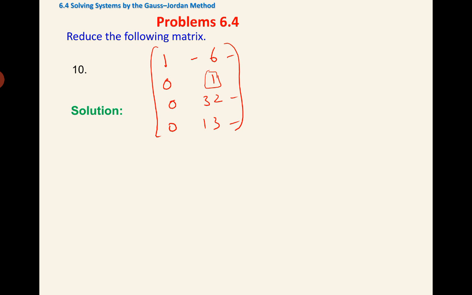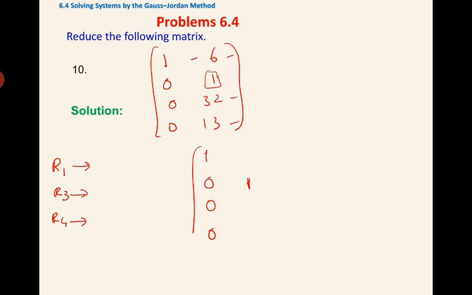No change happens in row 2, so we are looking for a formula for row 1, and for row 3 and row 4. No change in row 2. So we will write here 1 0 0 0, which will never change. This will be 1. Other elements should be 0.